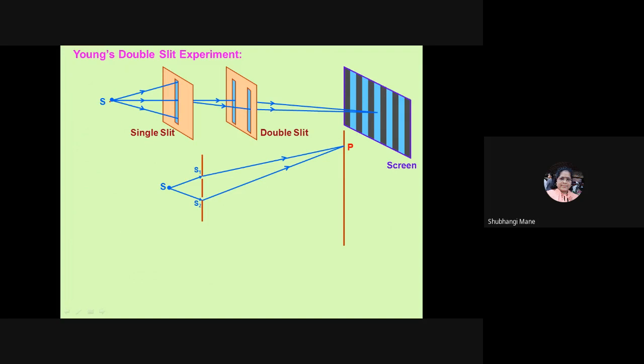What is division of wavefront? This is the parent source, and this parent source emits some secondary wavelets.